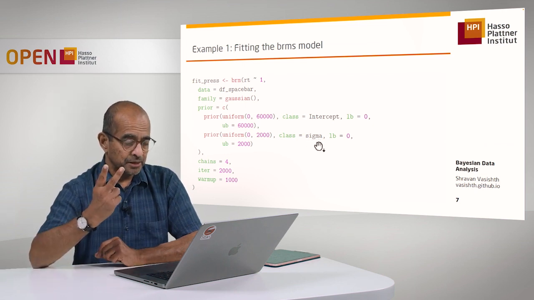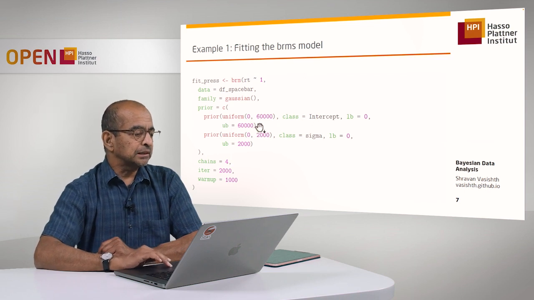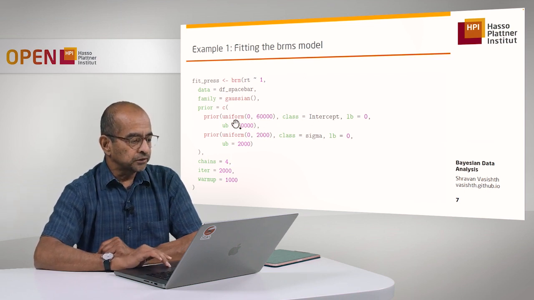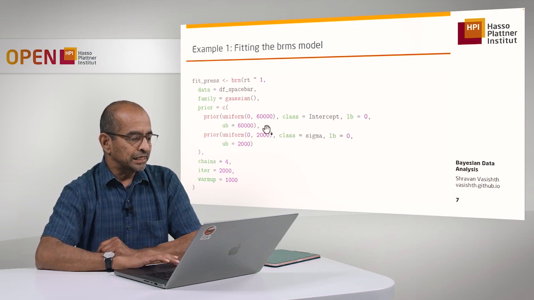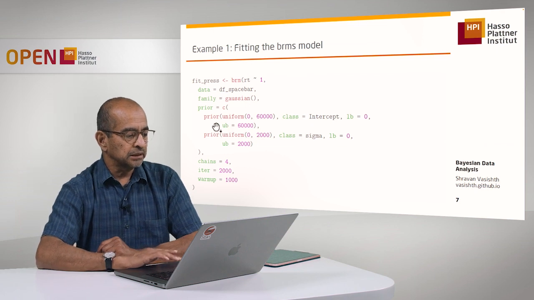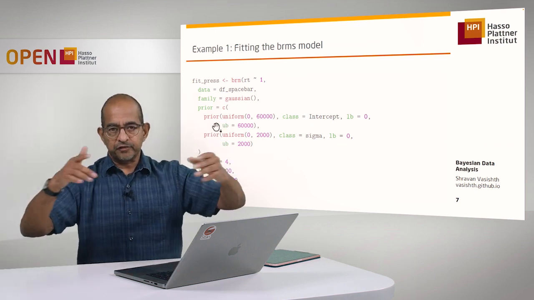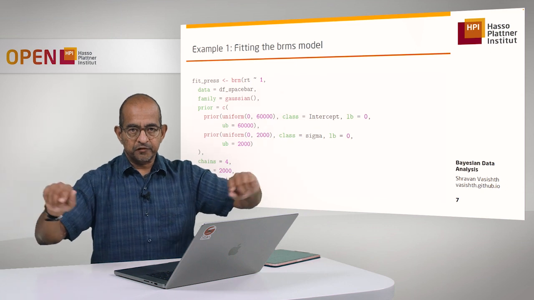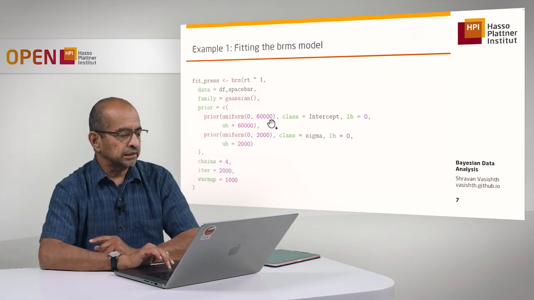These are the two parameters in this model. Notice that I'm giving the form of the prior distribution going from 0 to 60,000 milliseconds, and I also explicitly define lower and upper bounds with this lb and ub function. This is needed to prevent the sampler from accidentally sampling from outside that range. It's just a technical detail.